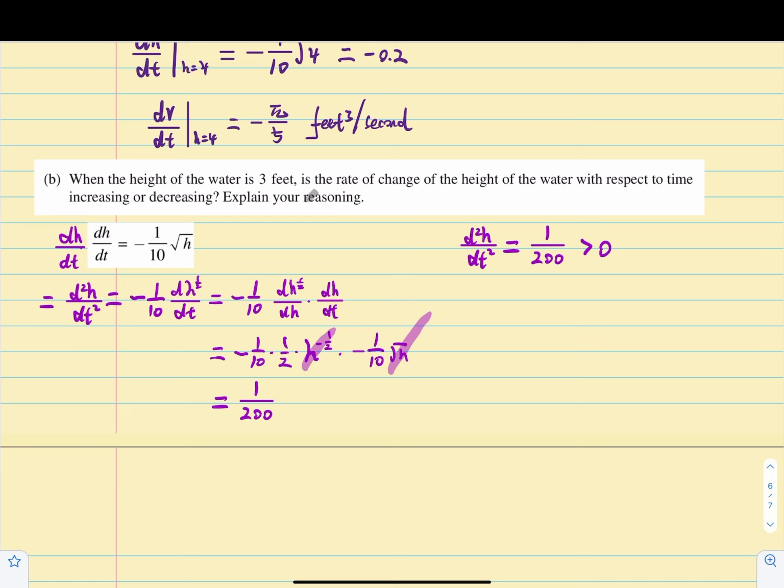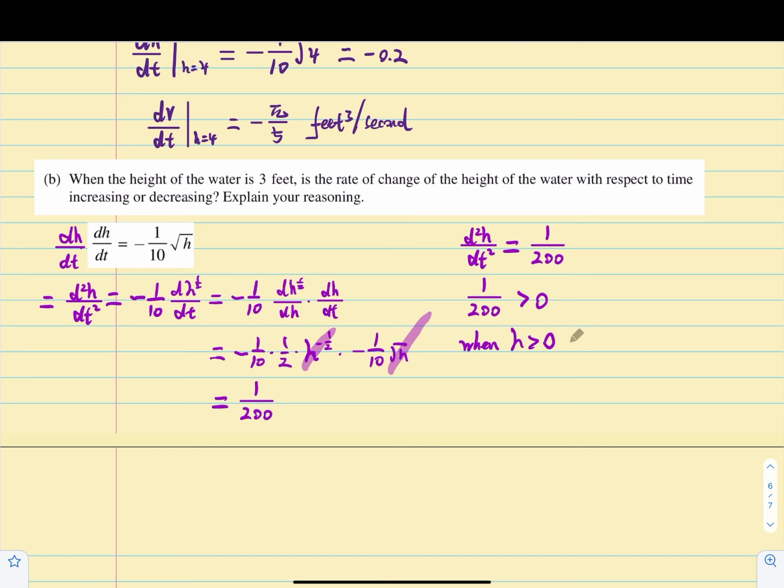And that means that the height of the water with respect to time is increasing when h is bigger than 0.